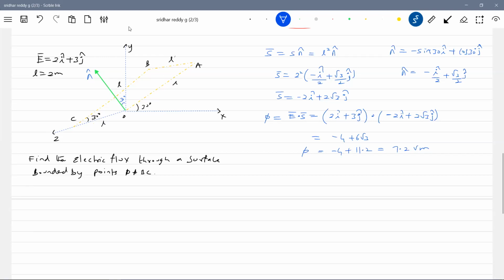Okay, like this, you may get some three-dimensional one. So what I suggest is, better go for the basic formulas. Sir, 6 root 3 is 10.38, sir. I'll check with the calculator.